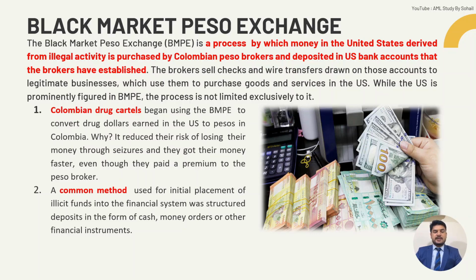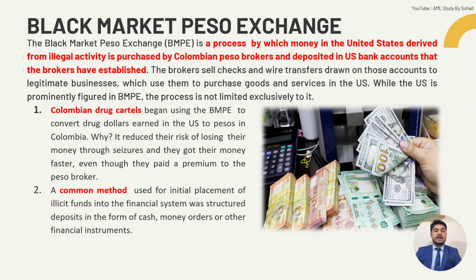While the US is prominently figured in the black market peso exchange, the process is not limited exclusively to it. Colombian drug cartels began using the black market peso exchange to convert drug dollars earned in the US into pesos in Colombia. Why?